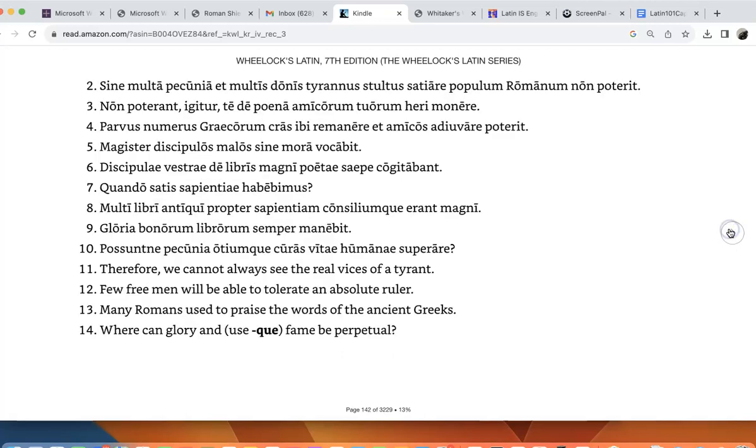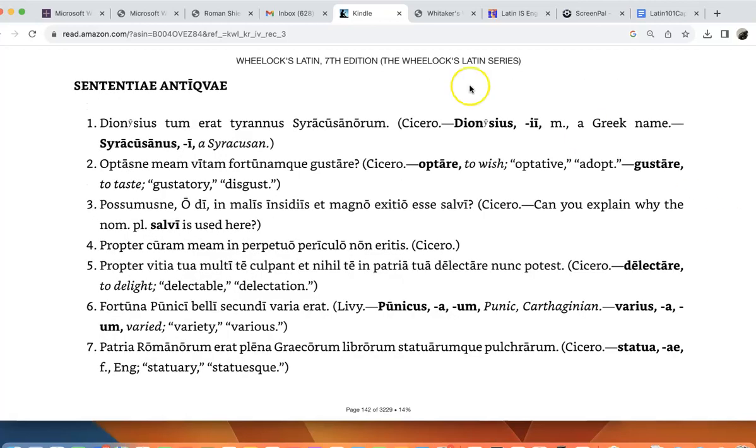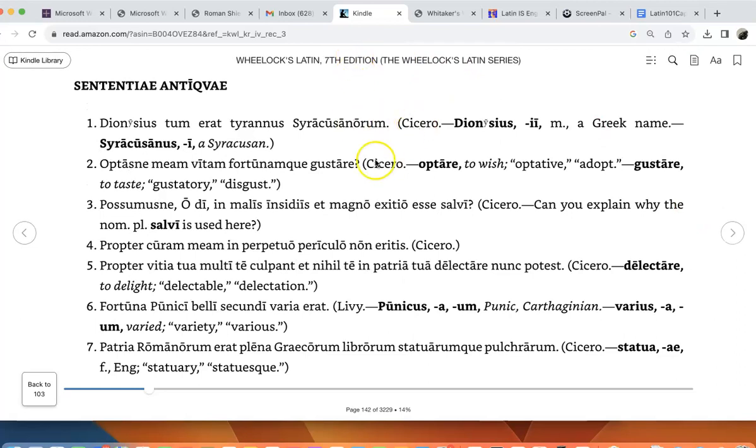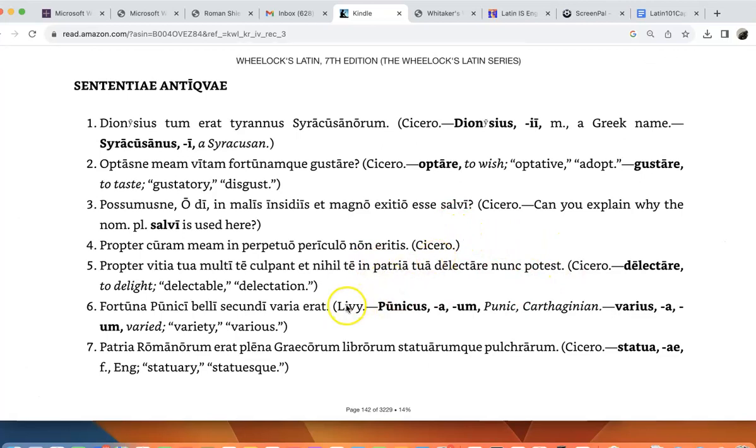Okay, let's go ahead and get into the examples, again based on classical sources. So we have a number of examples by Cicero and also by the Roman historian Livy. Here we have "Dionysius tum erat tyrannus Syracusanorum," and they give us a little bit of help here.